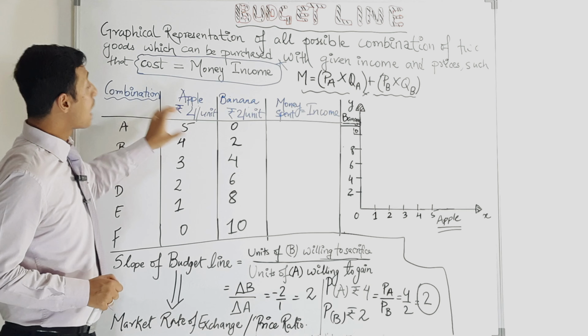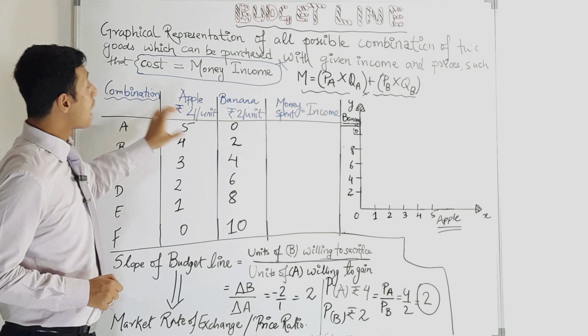Realistically speaking, there will not be only two goods that we will be consuming. But just to understand this theory, this concept, to simplify it, we have taken two goods, as indifference curve analysis can be seen through two commodities. All right. Now, what is budget line then?